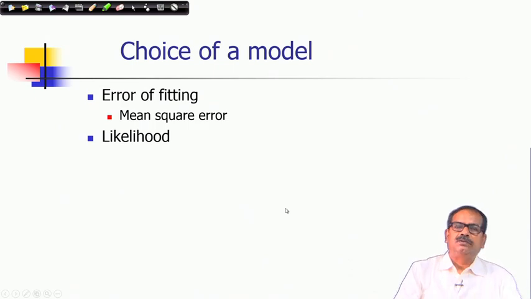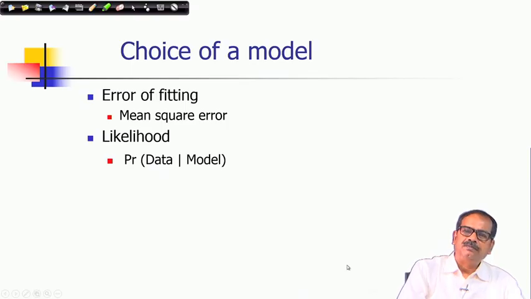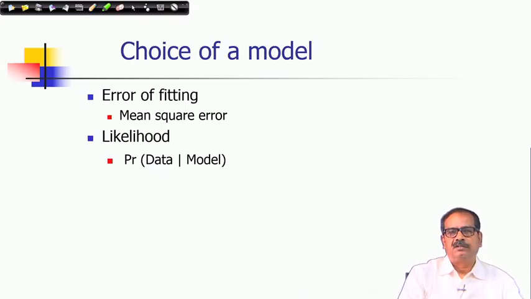We can also evaluate the strength of a model by computing the likelihood of data given a model, which is defined in this form. What is the probability of occurrence of data given a model? So, this measure should be high. As you know, it is a probabilistic measure, so the probability value should lie between 0 and 1, and if it is a very high value, your model fitting is good.